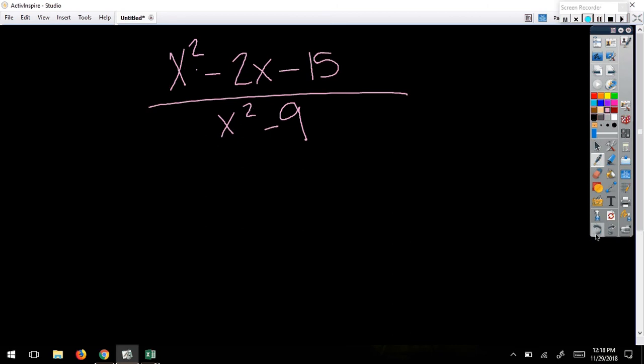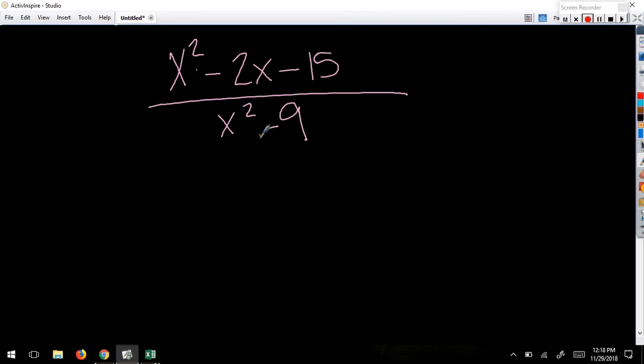Every time you do this, a kitten dies. You can't cancel that term out that way, because it's not x squared times 2x. If these were multiplication signs instead, you could. The key is you can only be multiplying when you start canceling things out.